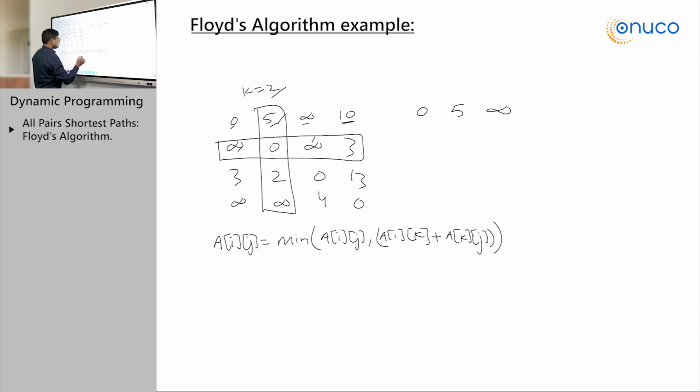If you see this formula and correlate with this input, k is 2, and what is I for this position? I is 1, and j is 4, 1 4.